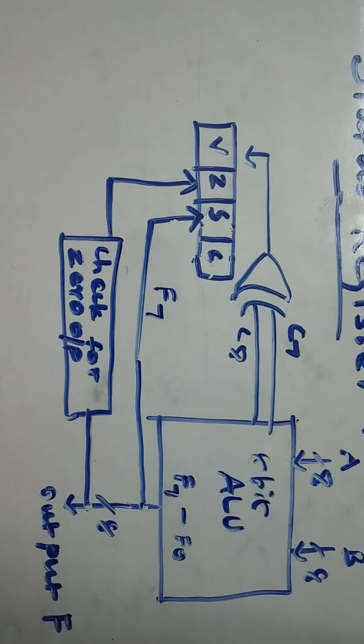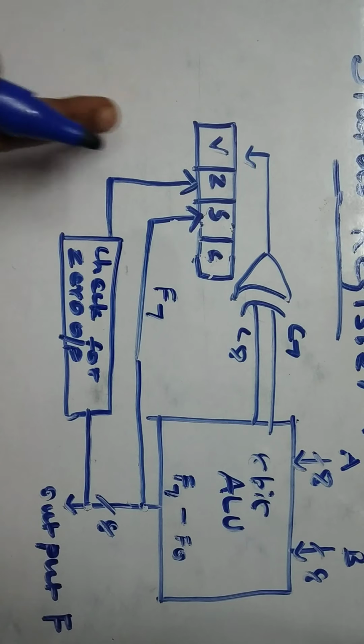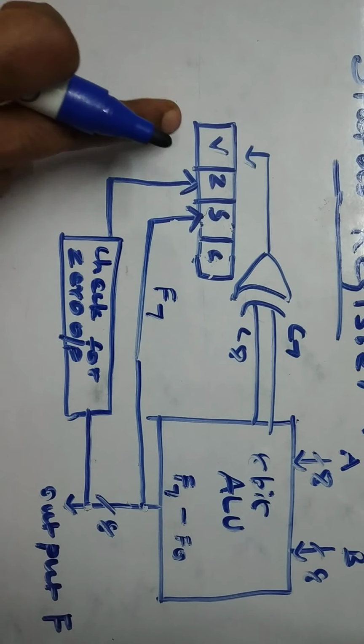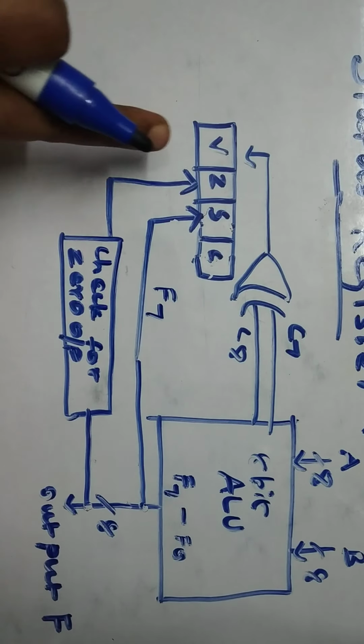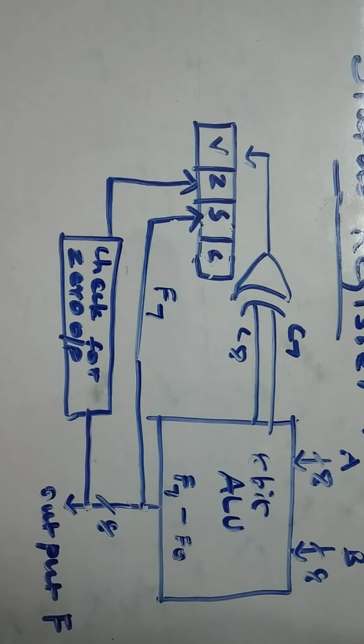If you perform an addition operation on any two signed values, you might get an overflow. If you get an overflow, then this bit value will be equal to 1. Suppose you are adding any two unsigned numbers, any two positive values, then also you might get an overflow. In that case the overflow bit is set to 1. This is how the overflow value is set to 1.